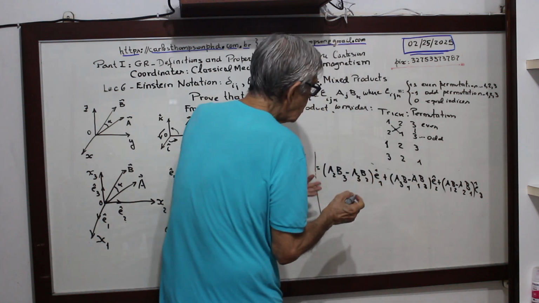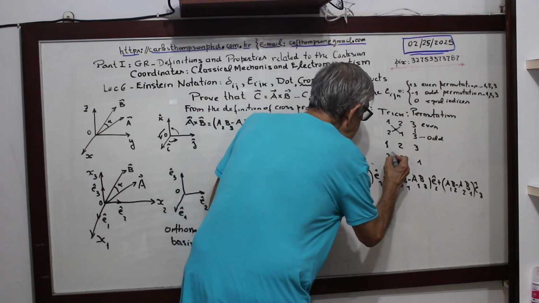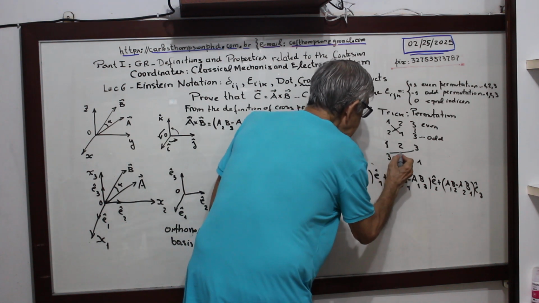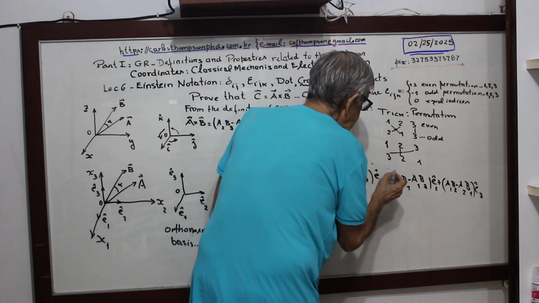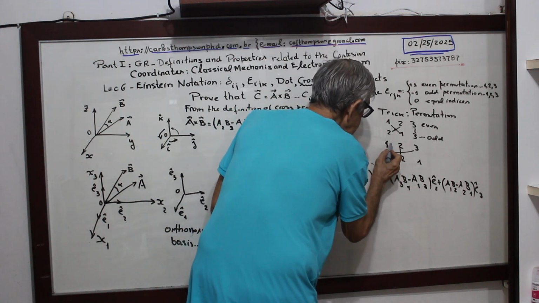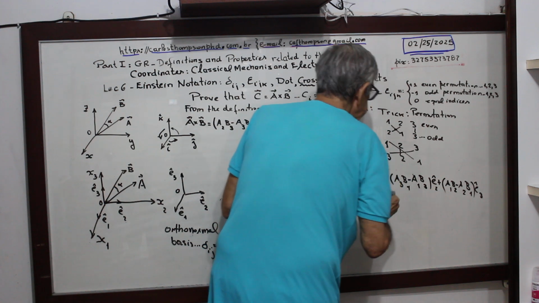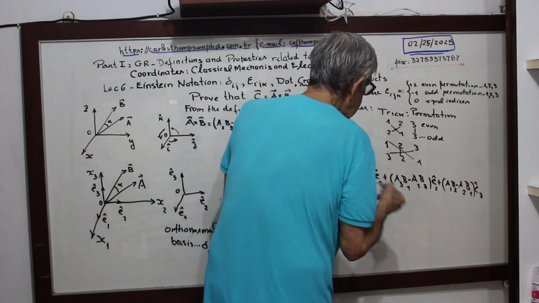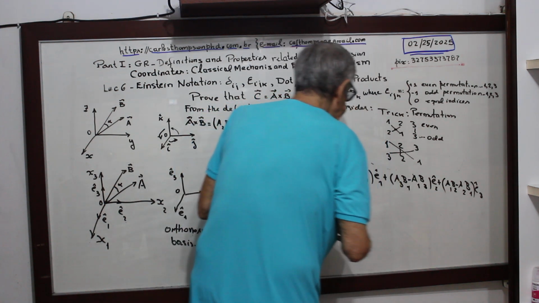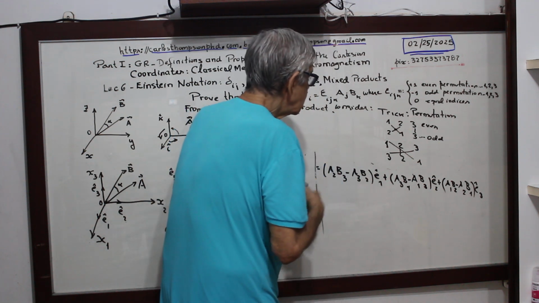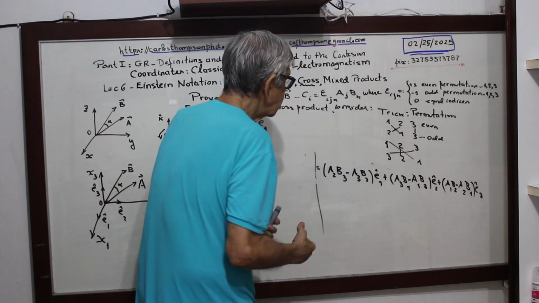It's even or odd? Look, 3 with 3, 2 with 2, okay? And 1 is 1. See? Then you find the sign easily, okay? When I have odd or even permutation.